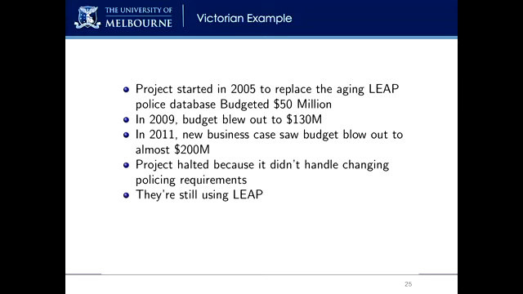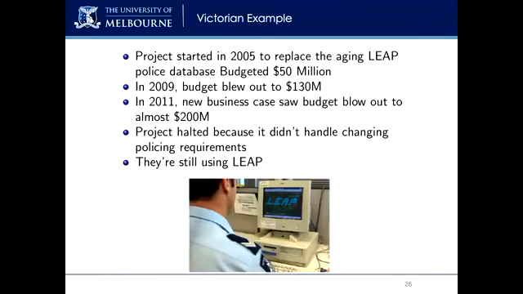By 2011, they had to spend 200 million. And as far as we know, the project was never completed, so there's 200 million provided for pretty much nothing. The thing is, they're still using LEAP. LEAP looks like this. I don't know if I can... Yeah, you can see that, can you? So it's pretty old. No, it's not letting me do that. Okay.